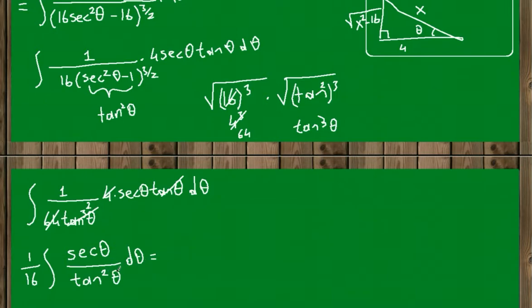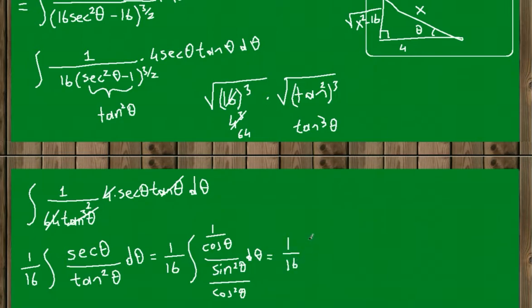Now let's write secant and tangent in terms of sine and cosine. So 1 over 16, secant is 1 over cosine theta, and tangent is sine over cosine. If we simplify, we can do keep, change, flip.